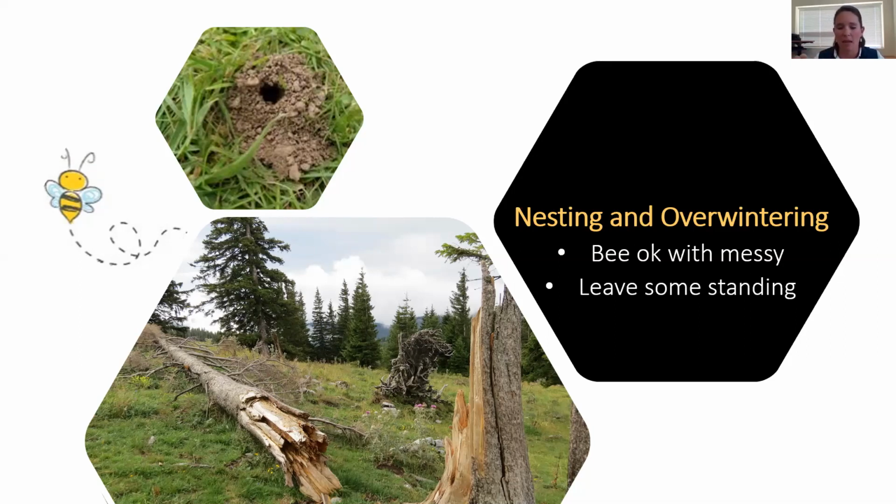So what happens is the female bees can, depending on species, select the sex of their offspring. And one of the ways they do that is by putting the eggs in the order in which they're going to emerge.